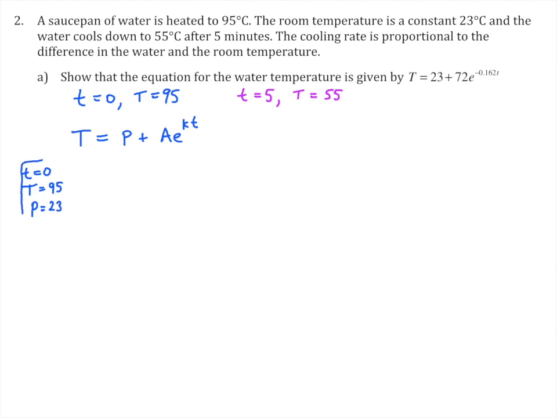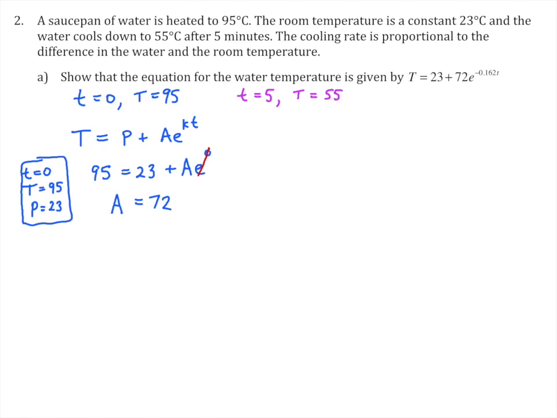So they're the pieces of information we're putting in initially. We'll get 95 equals room temperature plus A e to the k times 0, which is 0. Anything to the power of 0 is 1, so that drops out. Minus 23 to both sides. 95 take away 23 is 72. Now I know the value of A, which is 72.